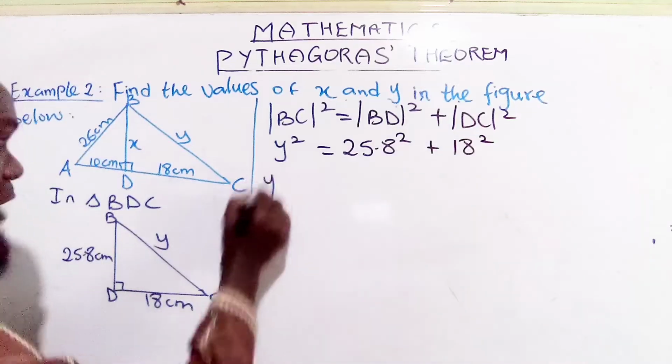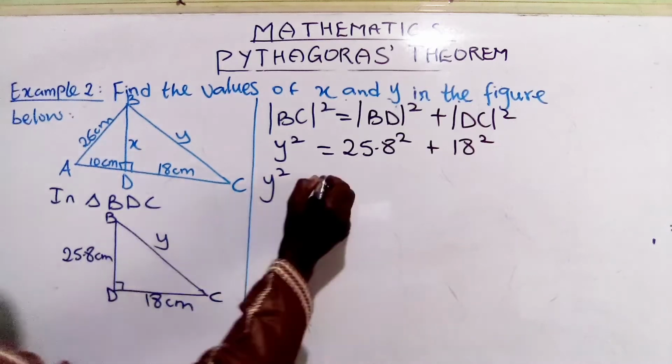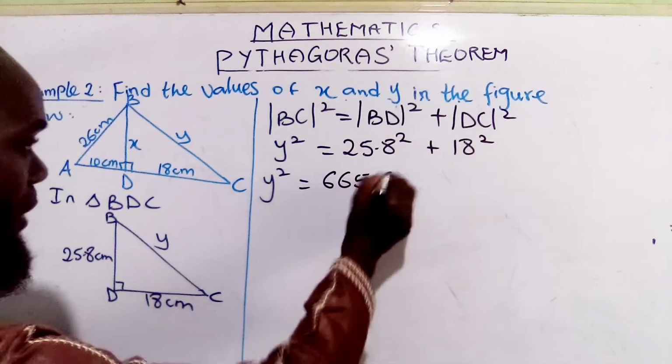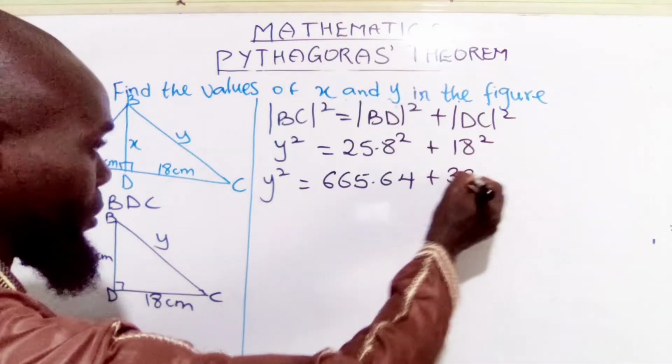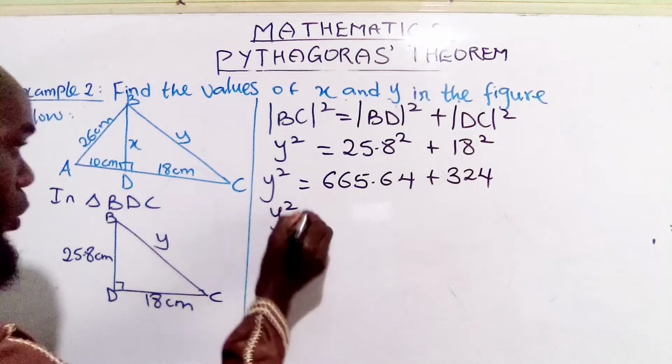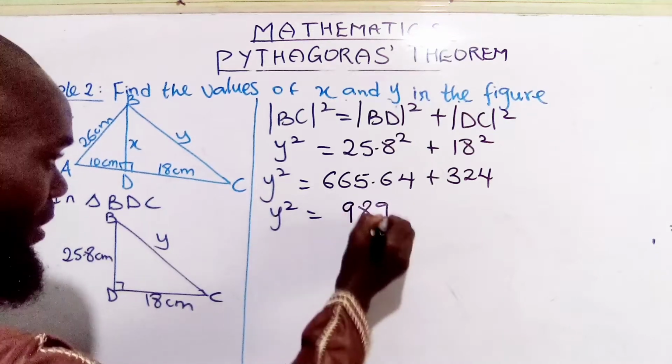So we have y square equals, when we press the calculator, 25.8 square gives us 665.64, plus 18 square, which gives us 324. Then y square equals, when we add up the two, 989.64.